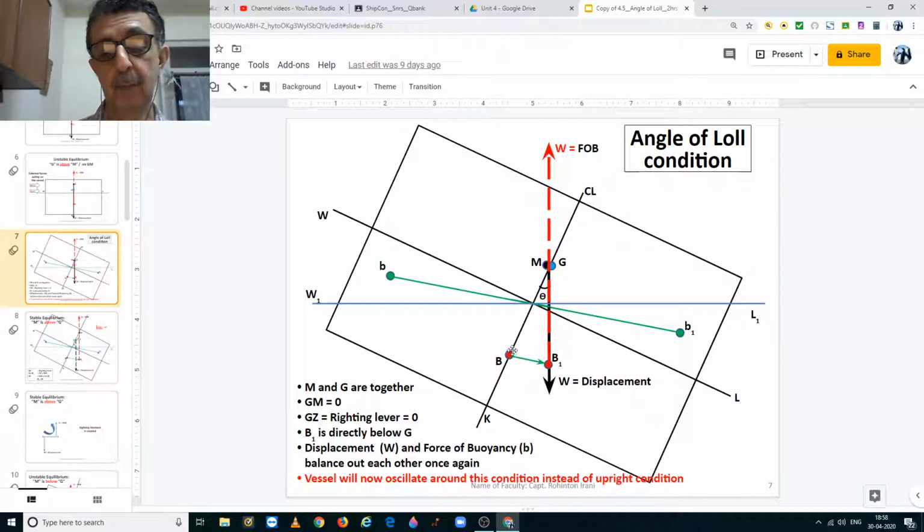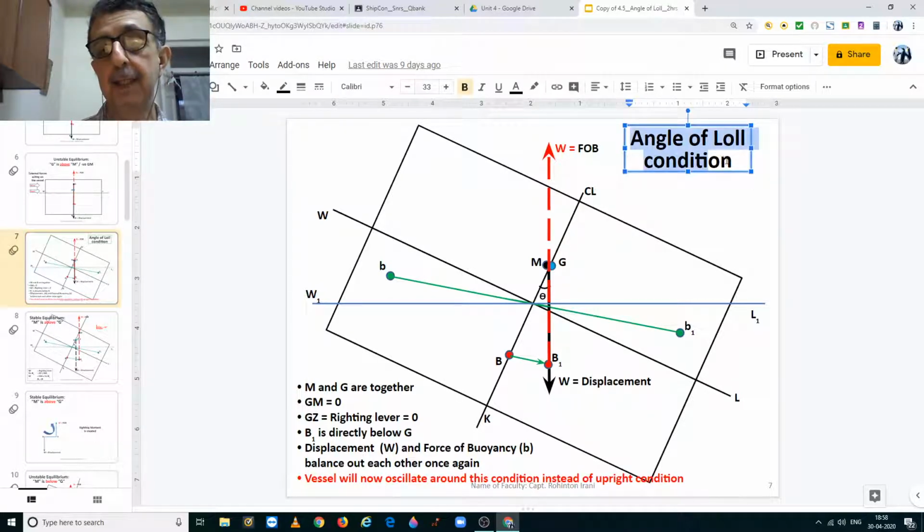The center of buoyancy, which was over here in the original condition when she was upright, moves and is directly below the metacenter and the center of gravity. This is the angle of loll condition, when the center of gravity and the metacenter are together and the center of buoyancy comes directly below the metacenter and the center of gravity.